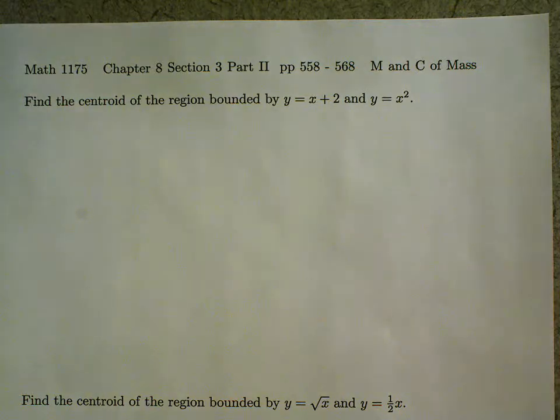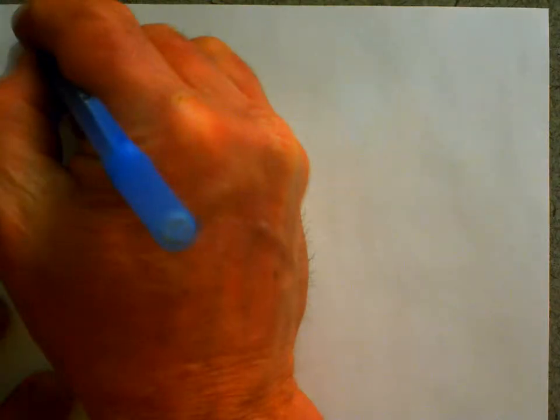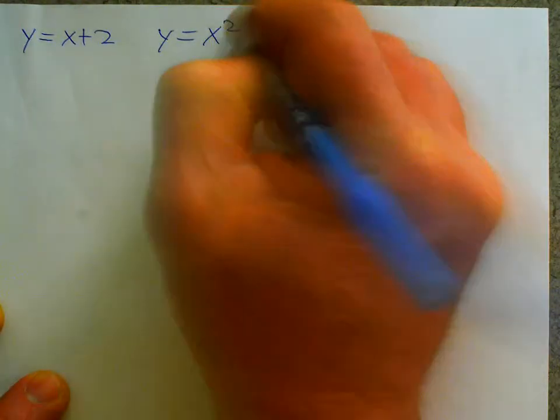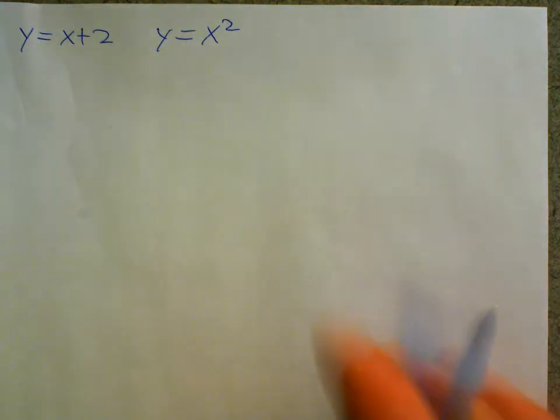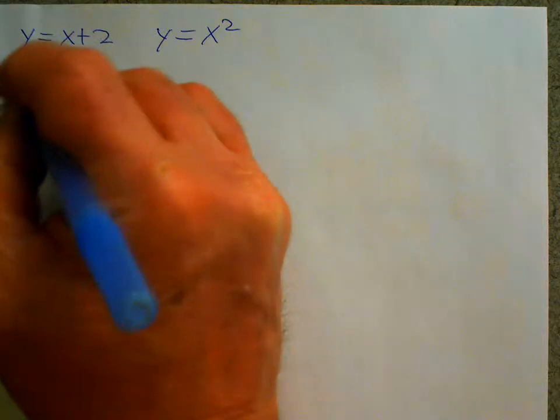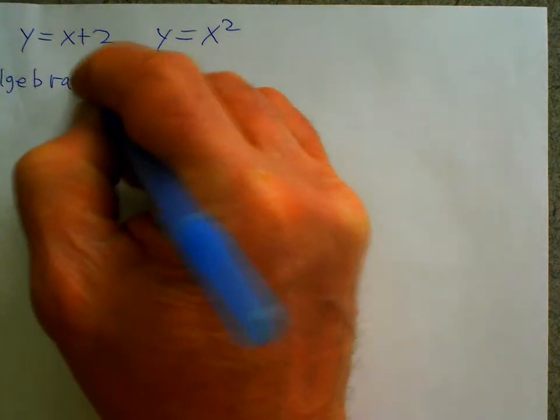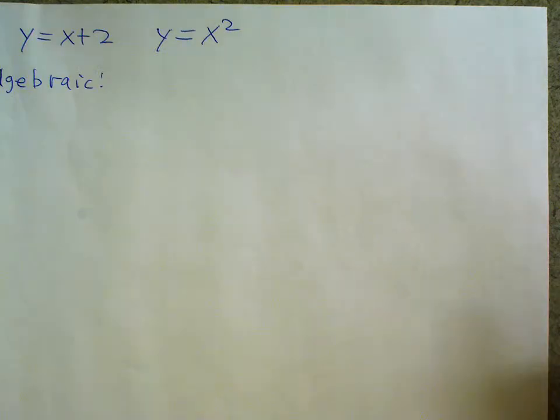So let's see. On another piece of paper, we'll do both the algebraic approach and the graphical approach. So algebraic. Set the functions equal to each other.